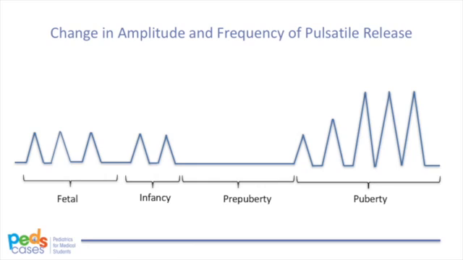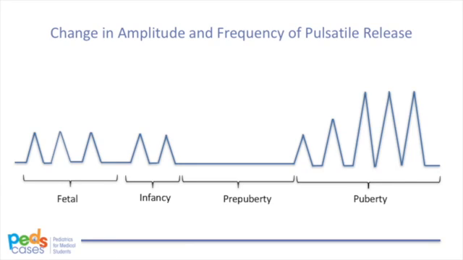The amplitude and frequency of gonadotropins, particularly the LH, can serve as an indicator for the onset of puberty. When do you think it would be possible to measure LH and FSH levels? If you said during the infancy period and the puberty period, you would be correct.